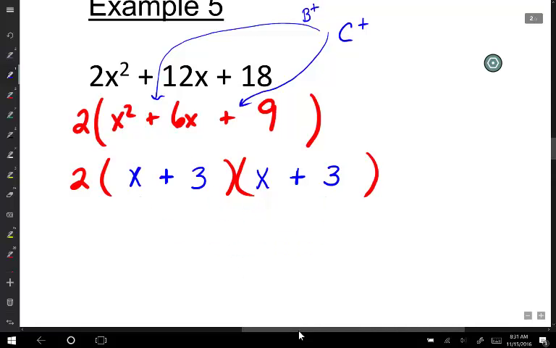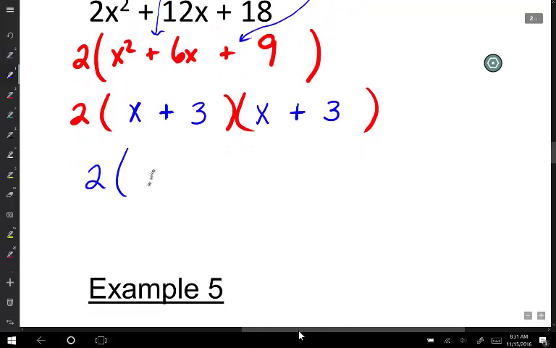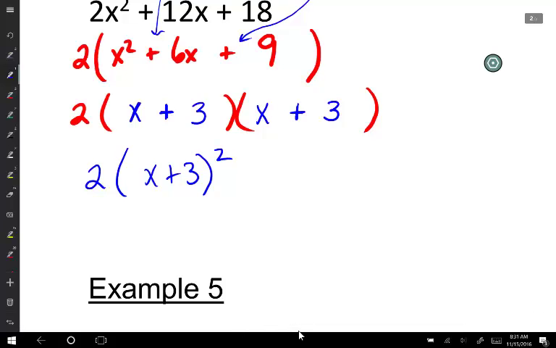Our final answer on this one: we're going to put a 2 out front, and we're going to say x plus 3, the quantity squared. And that should start to look familiar to vertex form from our warm-up stuff. Now you start to see the tie together as we look through these.